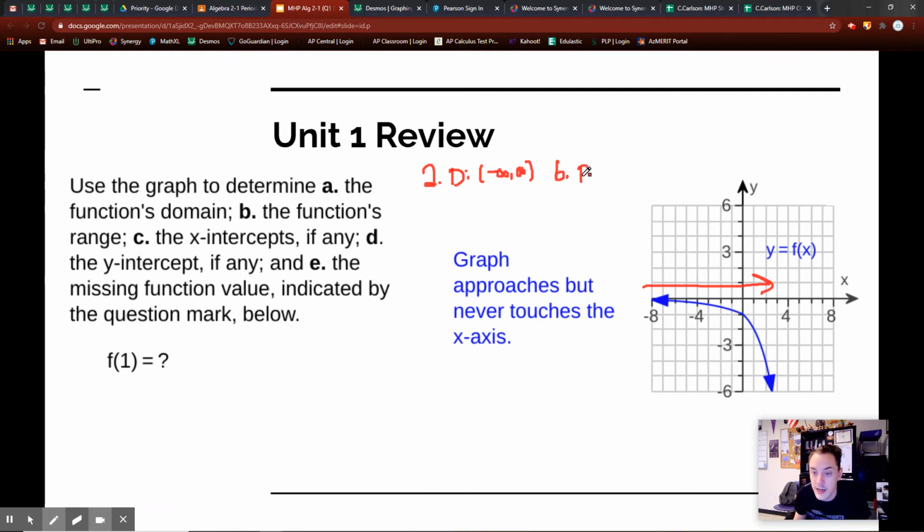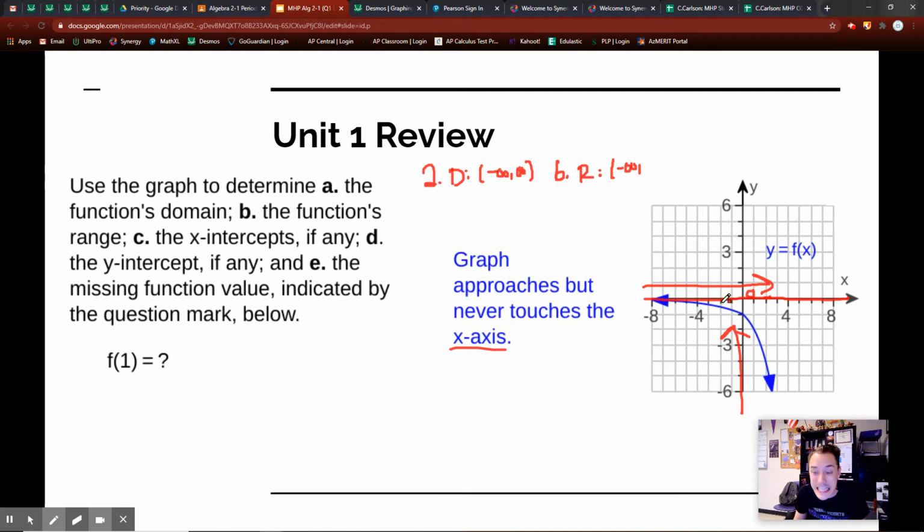My B is my range. So my range is, does it exist from bottom to top? It does exist down here. So it's negative infinity. But where does it stop existing? It stops existing at this, 0. Okay, it doesn't exist up here. It exists right here, but it doesn't get past 0 because it doesn't go past the x-axis.